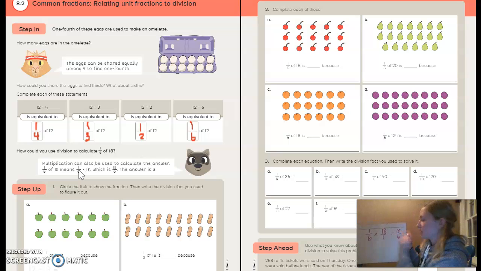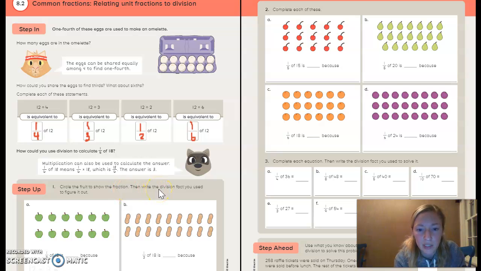So how many times does 6 go into 18 without going over? 3. It goes in 3 evenly. So the answer is 3. Now that's something we're not quite wanting you to use just yet. I want you to use the strategies I used for the slides first, and then we'll get to that strategy later.